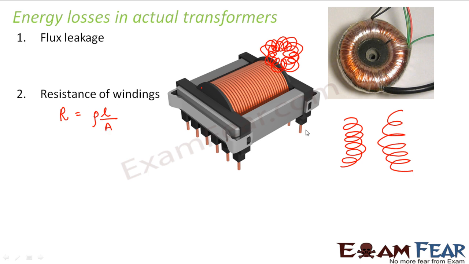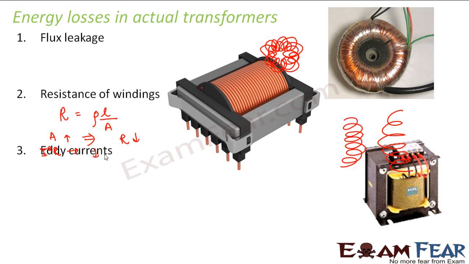So if the wires used for winding the primary coil and the secondary coil are considerably thick, their cross-sectional area is more, therefore their resistance will be less. Now if the resistance is less, then the amount of heat loss in the wires, which is proportional to I squared R, would also be less because the resistance is minimal. So the lesser the resistance of the windings is, the better it is, right?